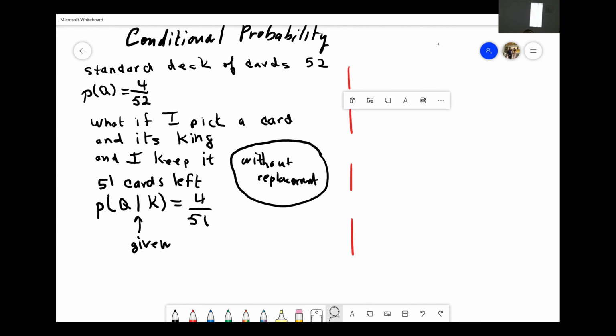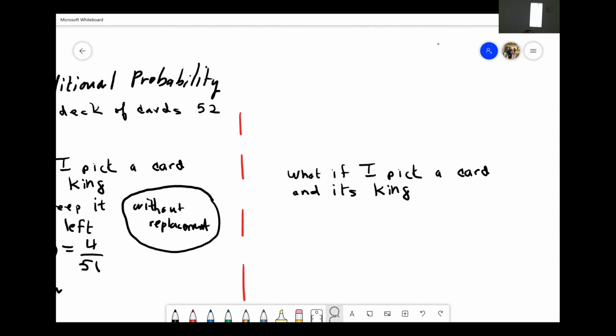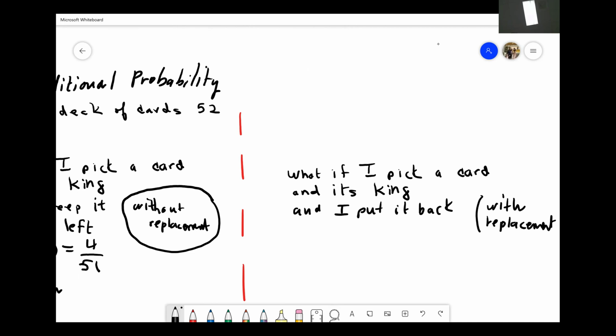So what if instead I picked a card and it's a king, but instead of keeping it, I put it back? In this case, we will say this is with replacement. Then I ask you, what is the probability I get a queen given I just drew the king? What would it be now? I put the king back in.